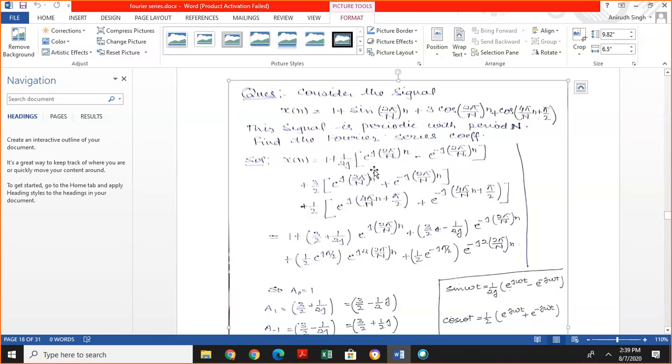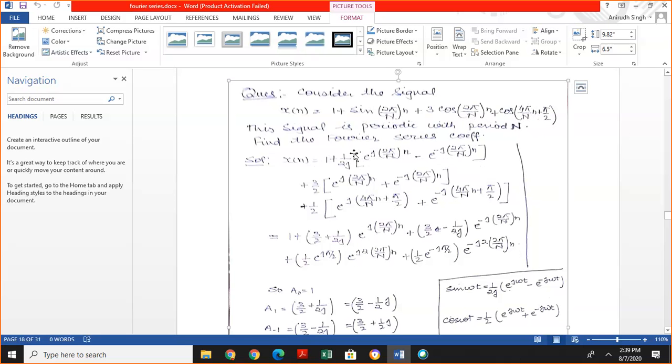Sine omega n is written as 1 by 2j multiplied by exponential j omega n minus exponential minus j omega n, and similarly write cos omega n in terms of exponential terms, and also convert this term into exponential terms.